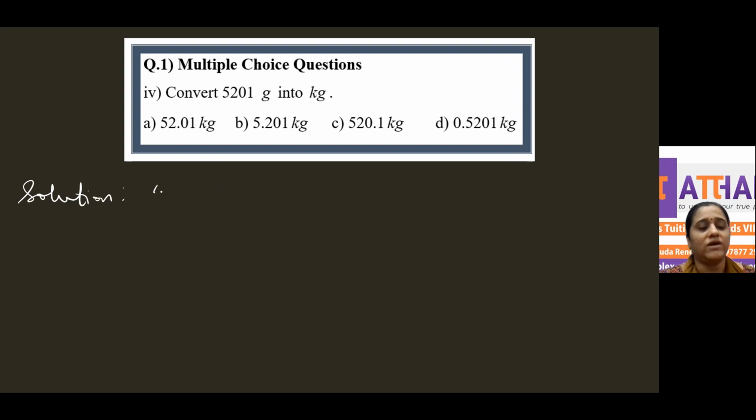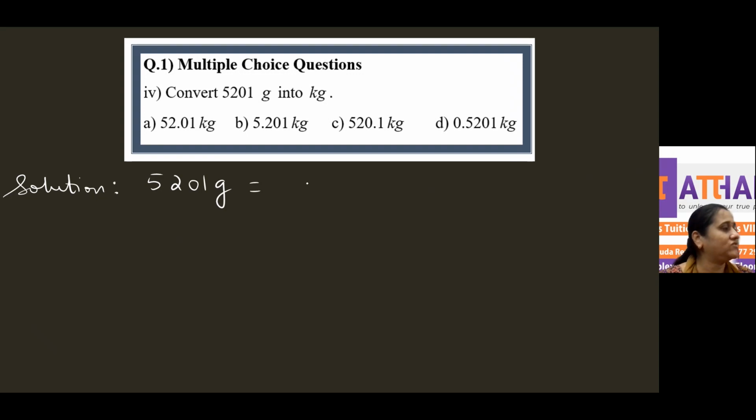Solution. 5201 grams is equal to, but listen to me first, children. You should write like this. 5201 grams is, look at the board, is equal to, you should divide 5201 by 1000.